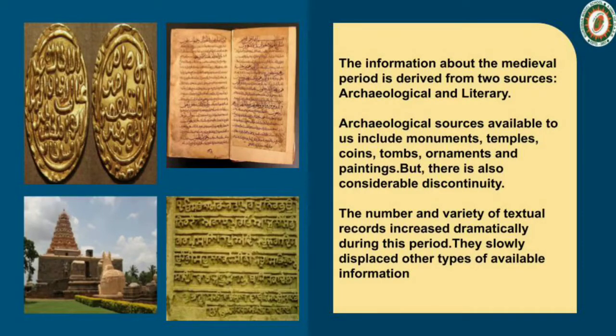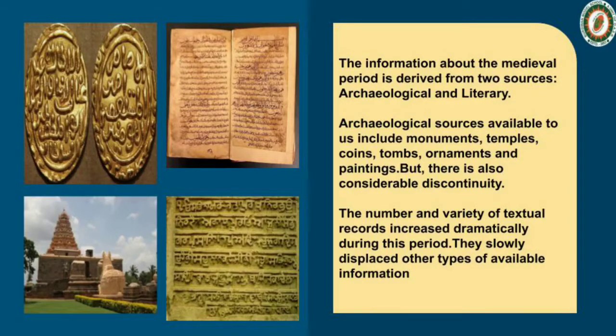So archaeological sources available to us include monuments, temples, coins, tombs, ornaments and paintings. But there is also considerable discontinuity, so it is very difficult for historians to write history from these sources.